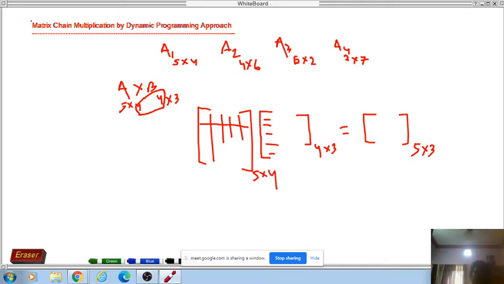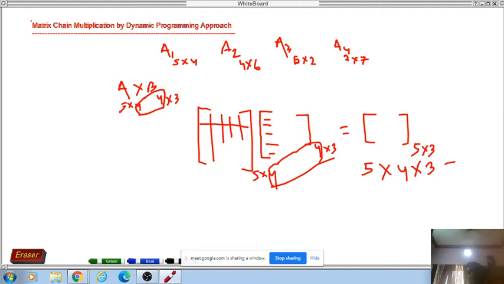The question is, how many multiplications will you do? How many times do you have to multiply here? If you multiply this 5 cross 4 and 4 cross 3 matrix, there are 4 rows and 4 columns, so how much do we have to multiply? This is 5 cross 4 cross 3.